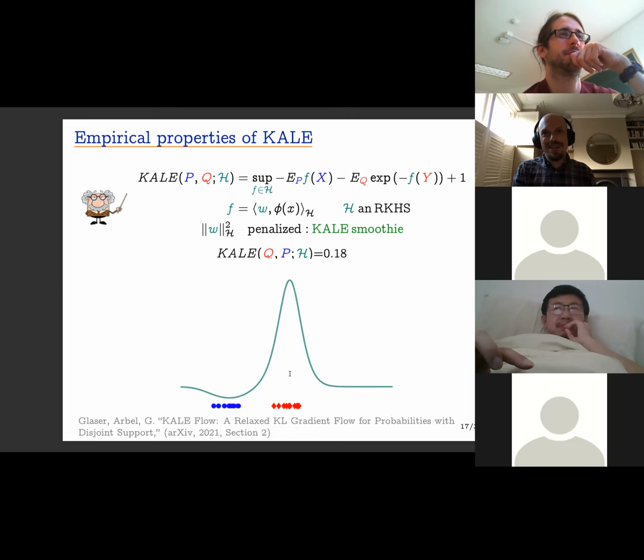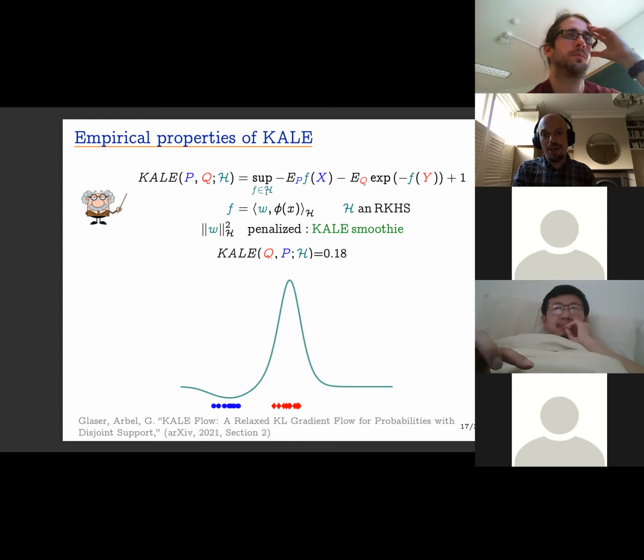Here is the witness function that solves this problem for the example that we gave some slides ago. So f is a smooth function that maximizes EP of f minus EQ of e to the minus f. See the difference from the MMD: the MMD would have EP of f and EQ of f. Here I've got EP of f and EQ of e to the minus f. Not quite the same thing. But because we've required f to be smooth over space, it's actually a helpful critic witness.